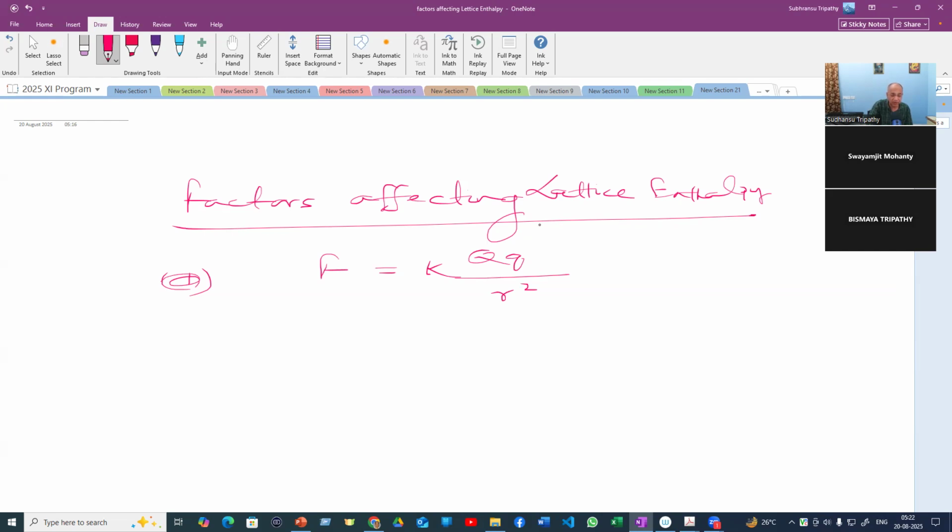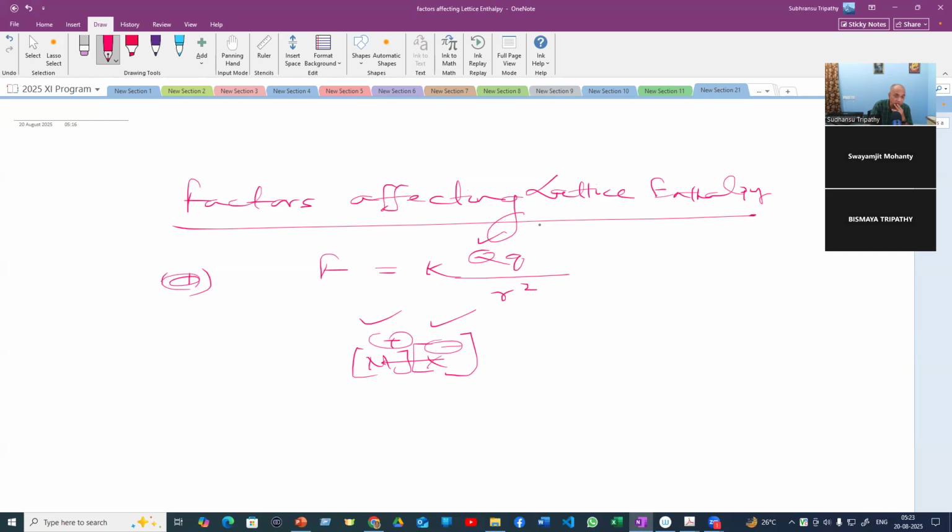So when there are two ions in a compact crystalline solid, r is the distance between them, q1 q2 is the product of the magnitudes of the charges, and K is the constant, which in SI includes the permittivity of the medium, the dielectric constant.